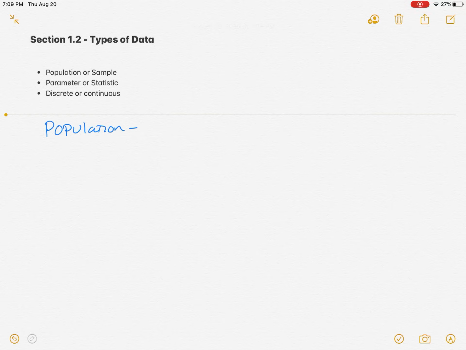I'll just give you my definition of a population. A population is everyone you want to make a statement about. And it could be everything.